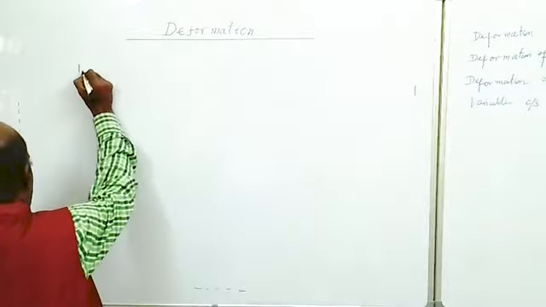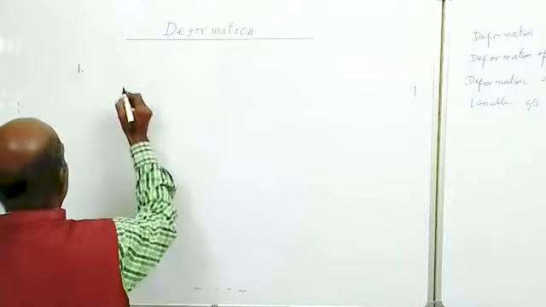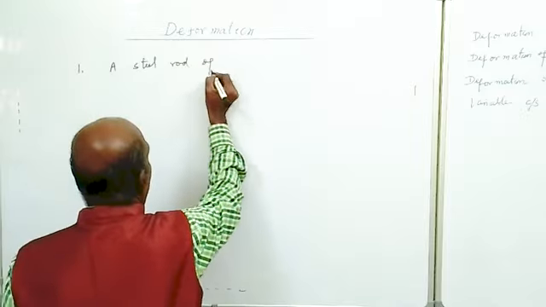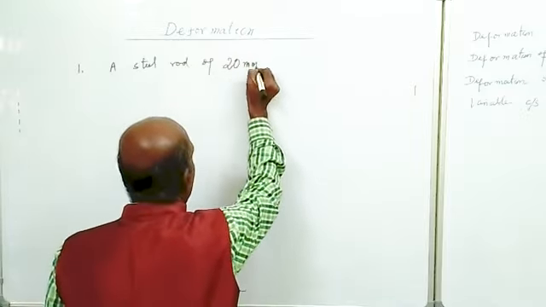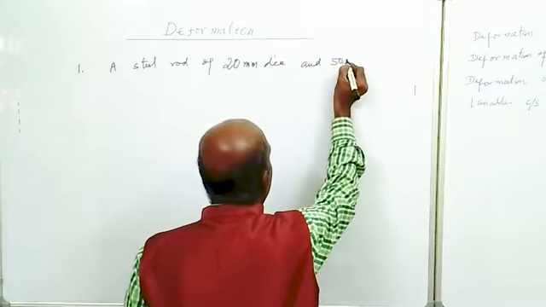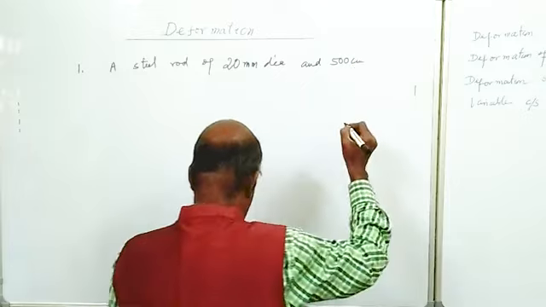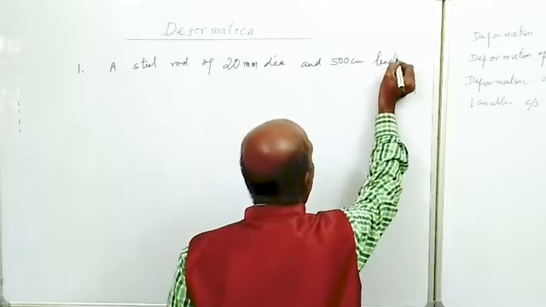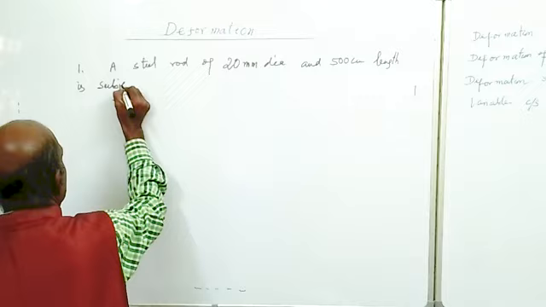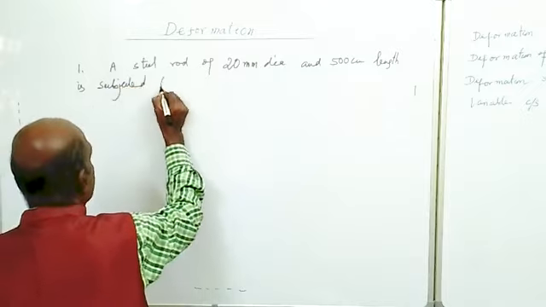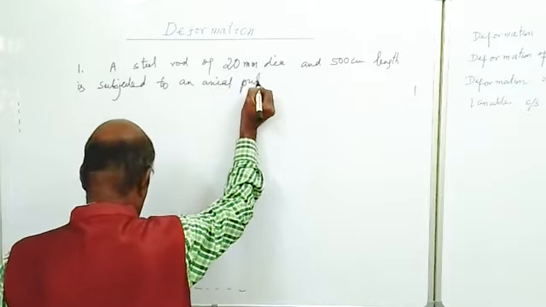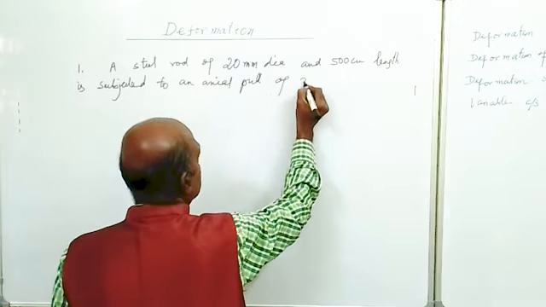So I am writing the problem here. Question number 1. A steel rod of 20 mm diameter and 500 centimeter length is subjected to an axial pull of 30 kilonewton.